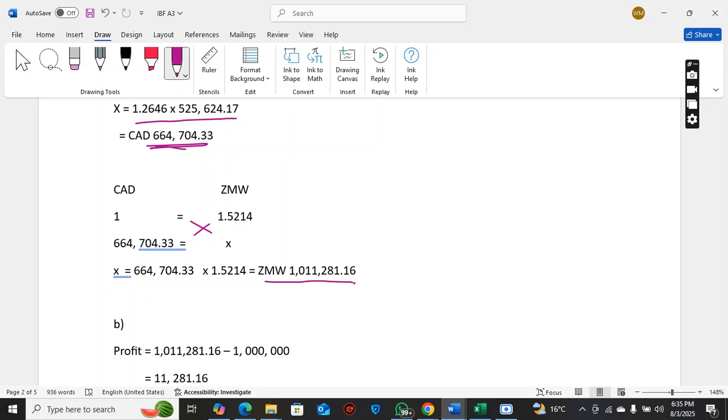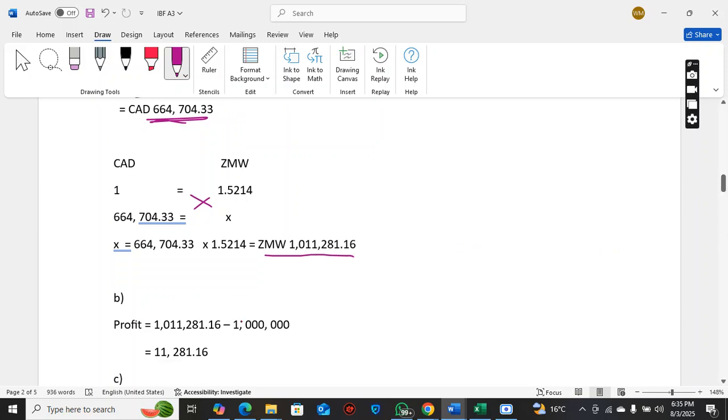So this guy is in a profit. But B asks us to calculate how much the profit is. So how much he ends up with minus how much he started with. 1,011,281.16 minus 1 million, you get 11,281.16.